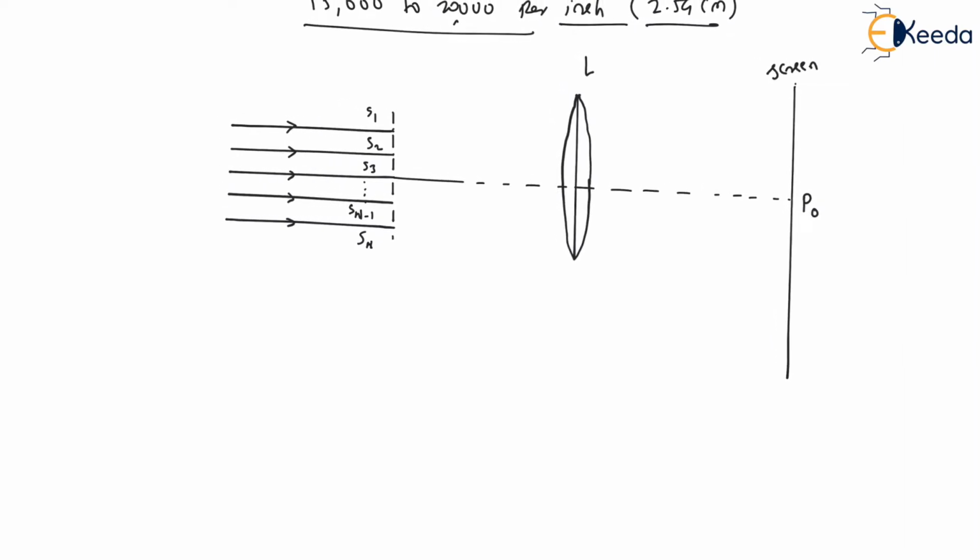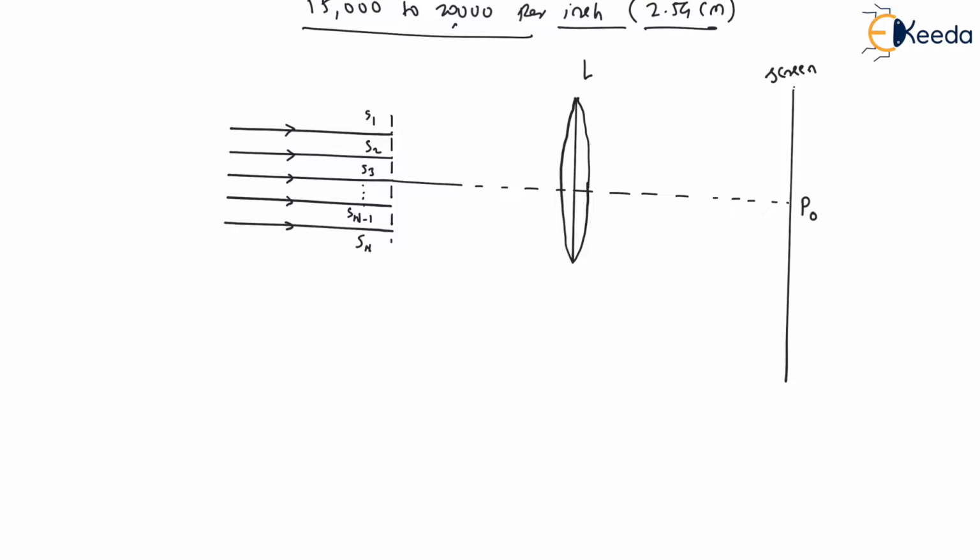So now we'll draw the diffracted rays over here by red lines. Here I'll draw the lines like this. This is the first one. Then in the same way we have a light ray from S2, then from S3. In the same way, we can draw n number of rays starting from the midpoints of n number of slits.